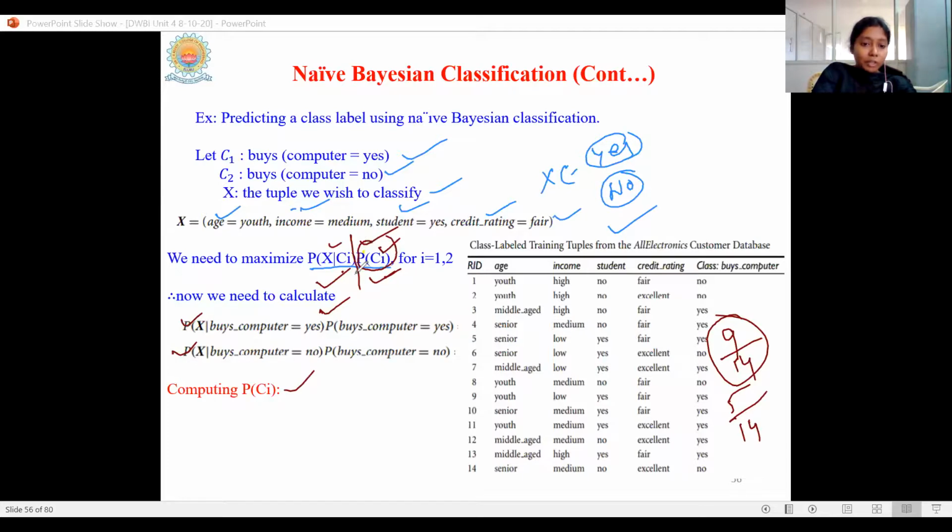We are computing the P(Ci) value. So P of the yes class we get 9 by 14.